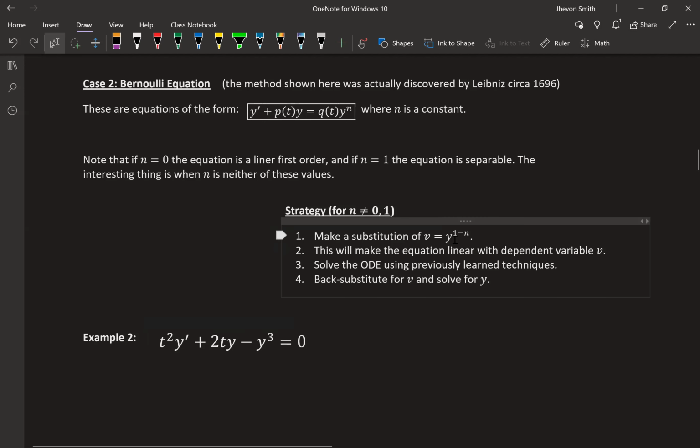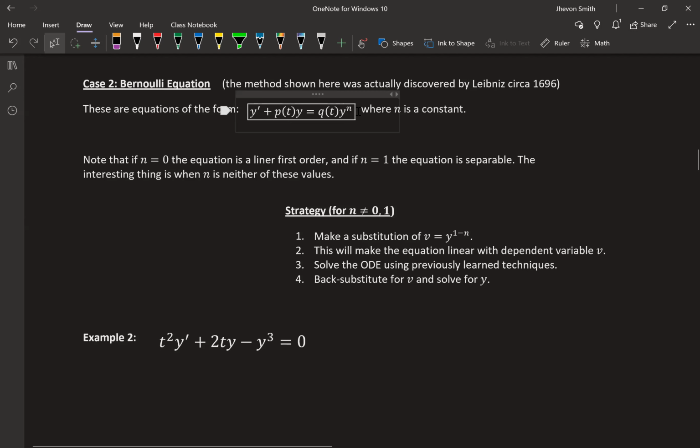But I guess I can kind of tell you here. Notice that if I start to differentiate this using the chain rule, I'm going to ultimately bring this power down, subtract 1 from the power, multiply by a y prime. If I subtract 1 from the power, I get a y to the minus n. And notice that y to the minus n is what's going to kill the y to the n over here. So you're actually going to see this in action.